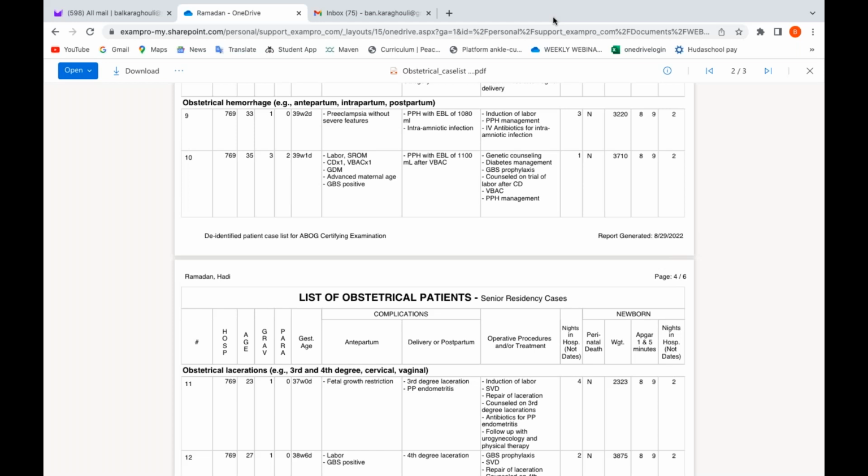So let's say they are in the first trimester, it's 0.7 units per kilogram, and then it goes up to 0.8 units per kilogram, and then 0.9 units per kilogram in the third trimester, and that would be the total amount of insulin they need throughout the day.